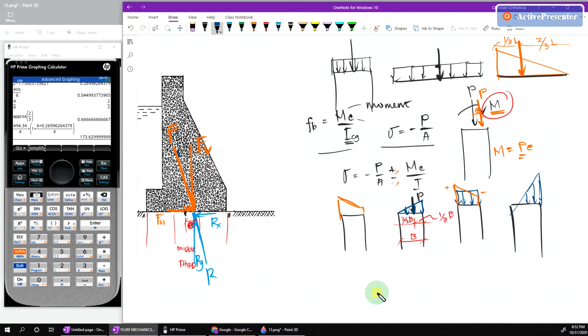Ito naman is tension naman doon sa kabilang side. So, alam natin yun na kapag may bending, meron tayong compression side, meron tayong tension side. So, kung masyadong malaki yung moment, malaki yung tensile stress doon sa isang side nung column natin or nung member, then ma-overcome niya yung compression ng actual force P.